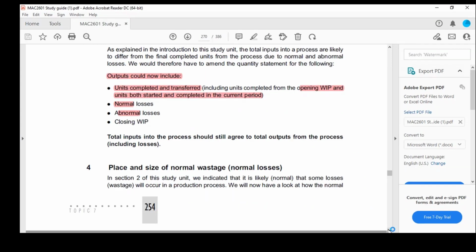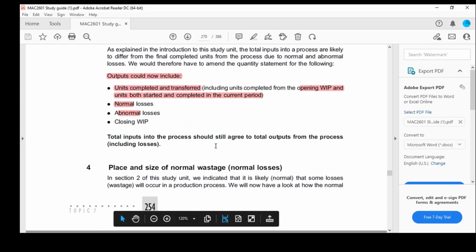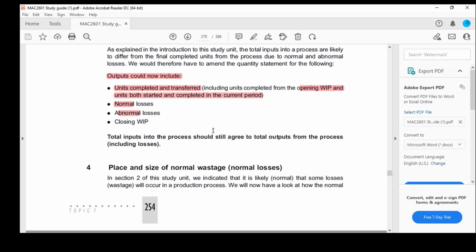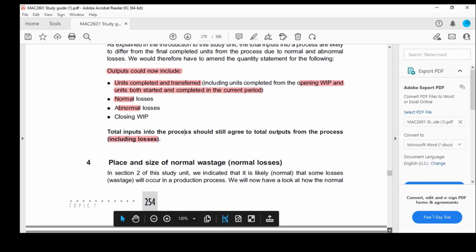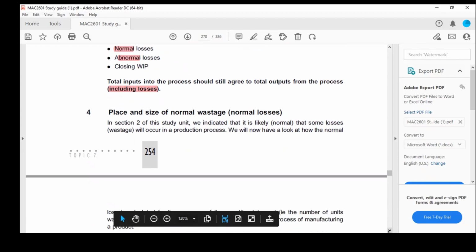We are now including normal loss and abnormal loss over and above the units completed, transferred, and the closing WIP. The total input into the process should still agree to the total output from the process, including these losses. Just something to bear in mind, that at the end, they all need to balance.